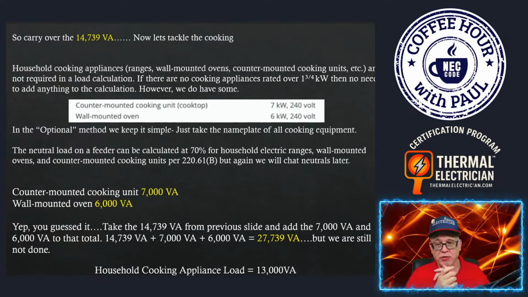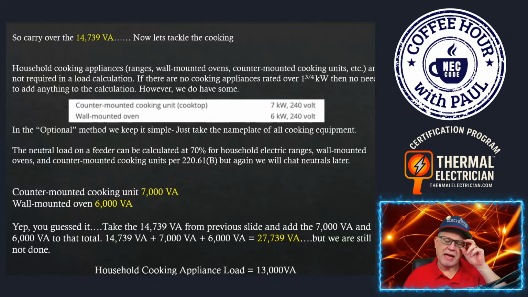But like I said, in the real world, it's not that big a deal. We're not going to worry about that because you're going to buy a cable assembly that already has the neutral sized. And for the service, you're not going to worry about it because if you don't go more than two sizes smaller than the hot conductors, you're going to be okay. So this is just real world tips.